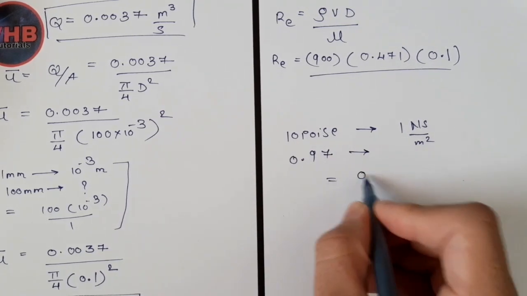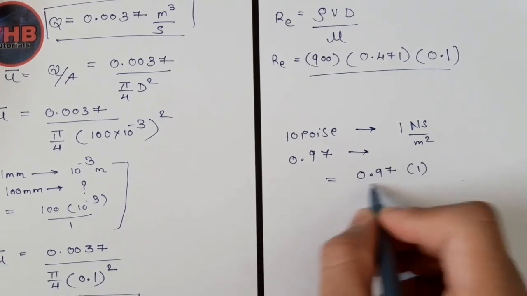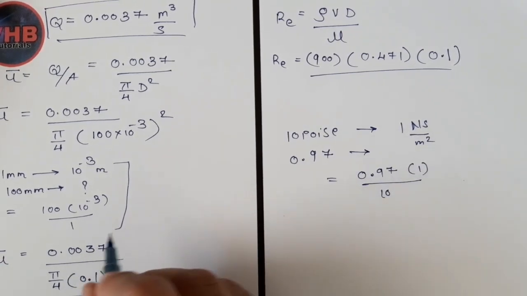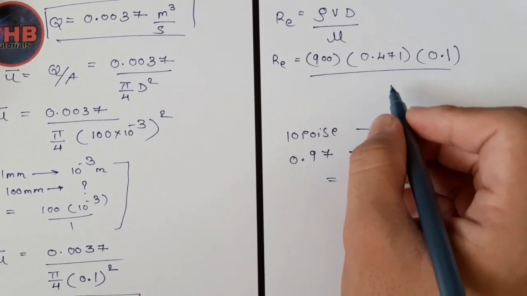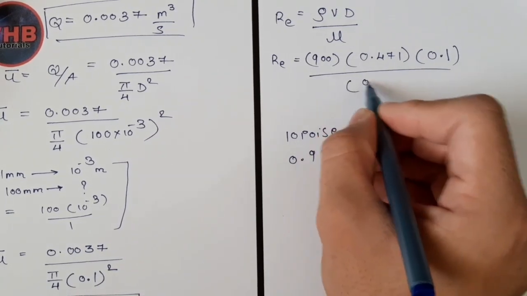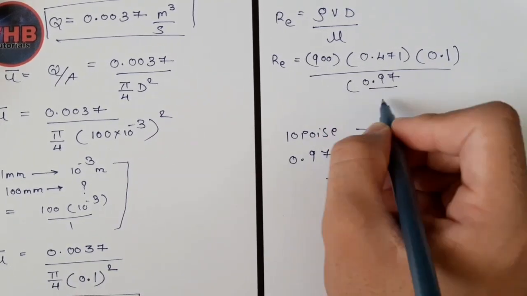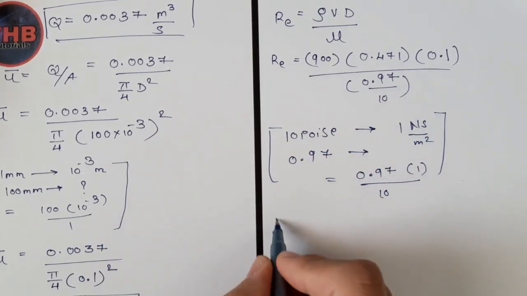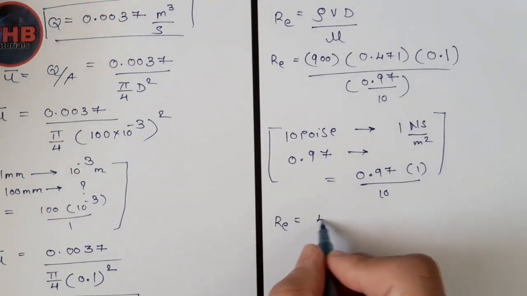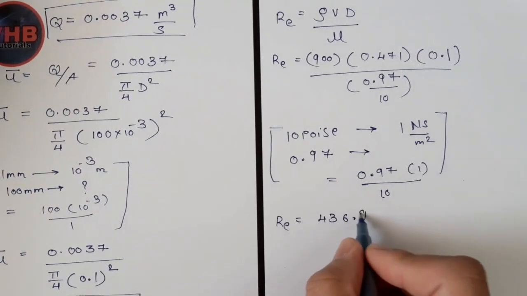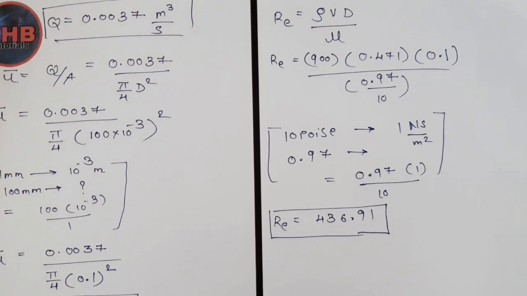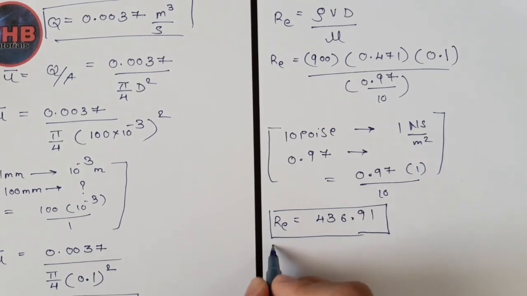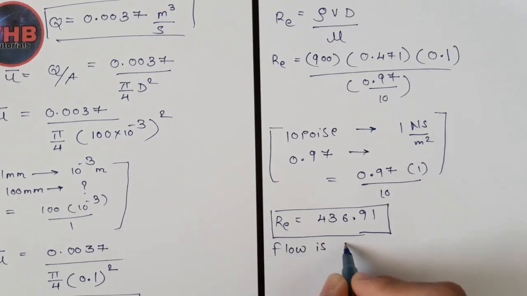It will be 0.97 into 1 divided by 10. So if you calculate this, we get Reynolds number Re equals 436.91. As we know that if Reynolds number is less than 2000, then the flow is laminar. So here the Reynolds number is less than 2000, so the flow is laminar.